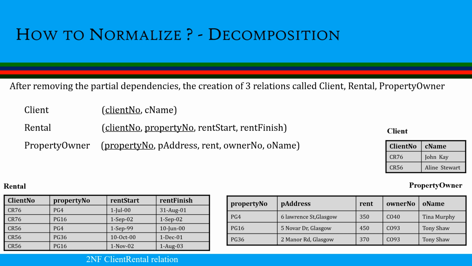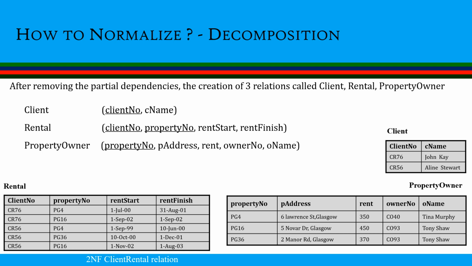The rental table has client number, property number, rent start and finish. The property owner table has property number, address, rent, owner number, owner name. So we are removing the partial dependencies and now we have three relations, all in the second normal form.